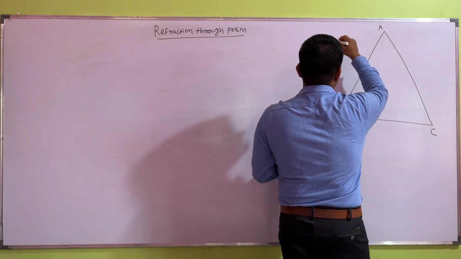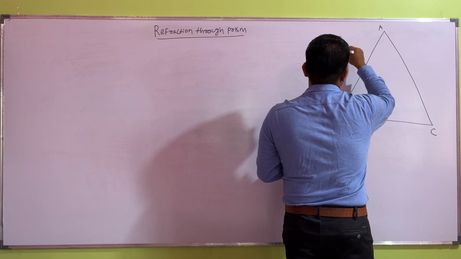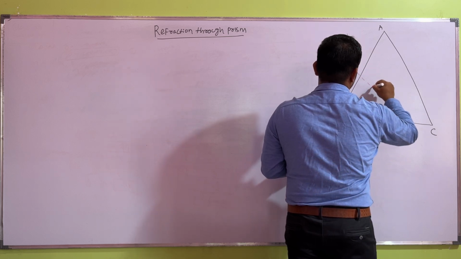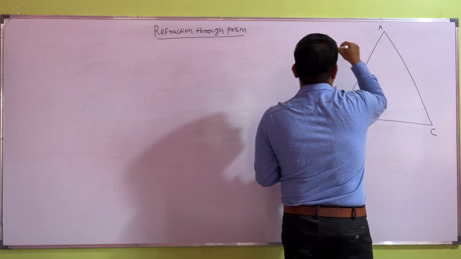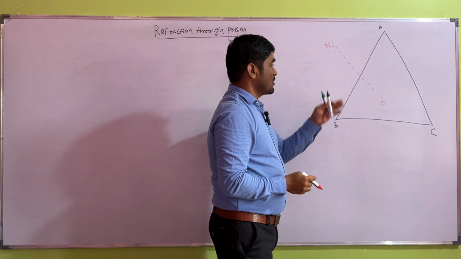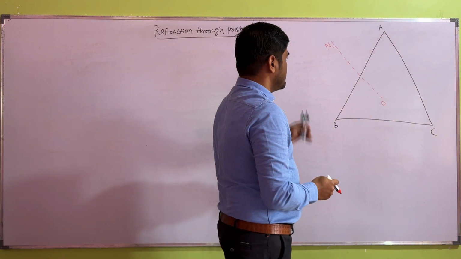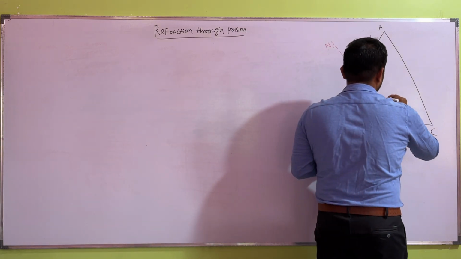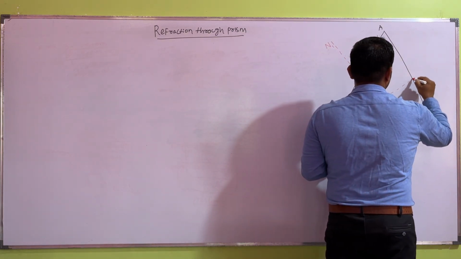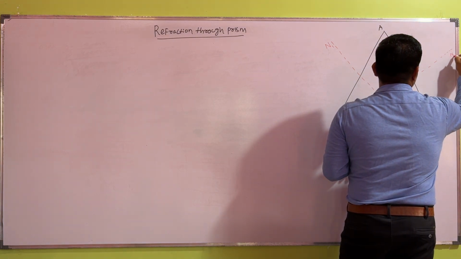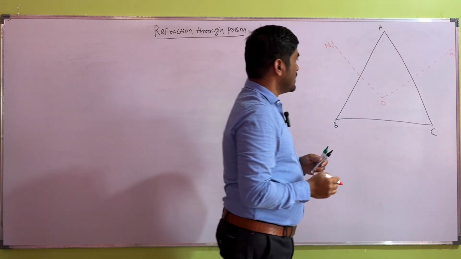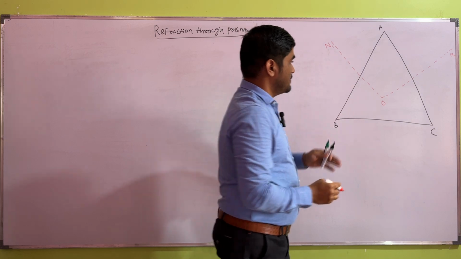Let's draw it. ON1 is the normal to the face AB. ON2 is the normal to the face AC.